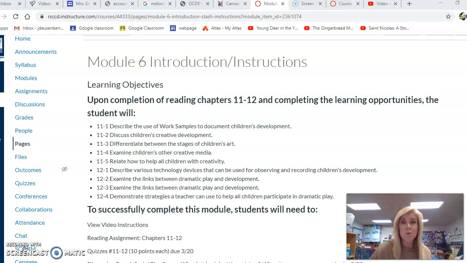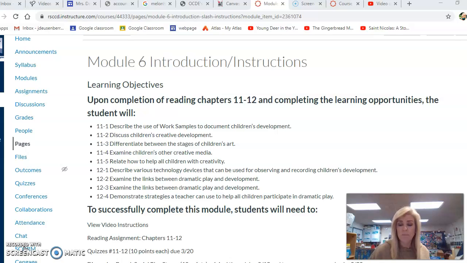This week in module 6, we will be discussing chapters 11 and 12 of our textbook. Chapter 11 talks about using work samples to look at creativity. In that chapter, there is a circle map as well. It is also located in our PowerPoints, and it shows a lot of development being revealed within work samples, children's work samples.